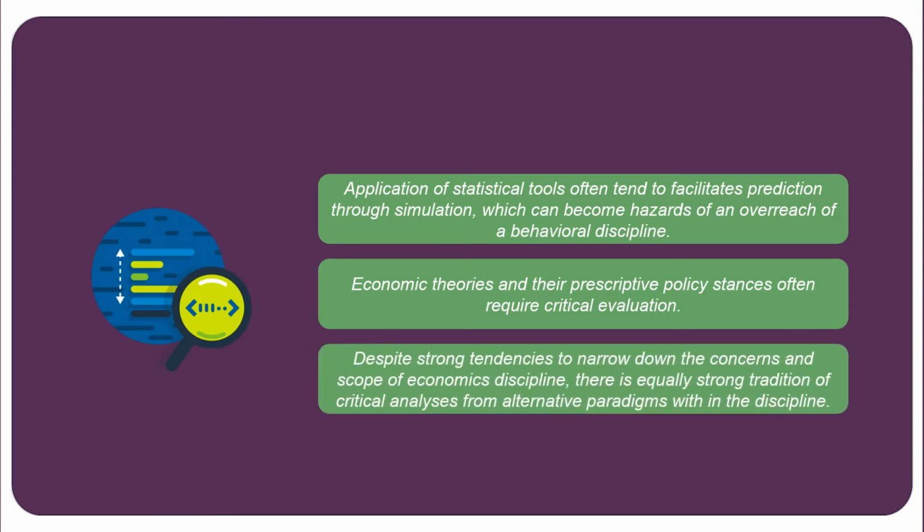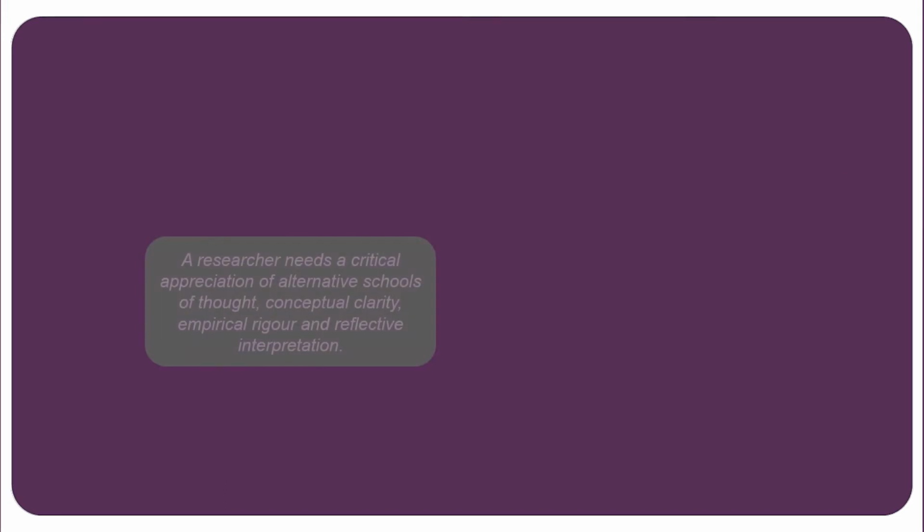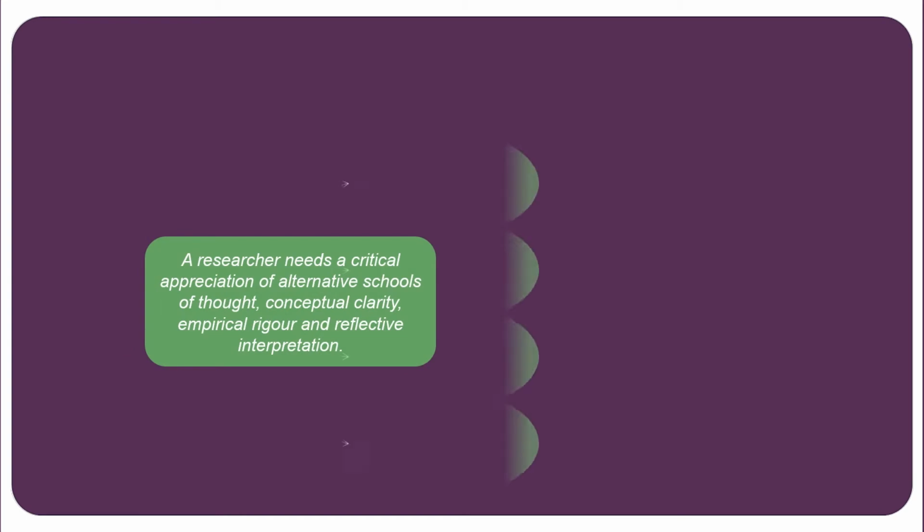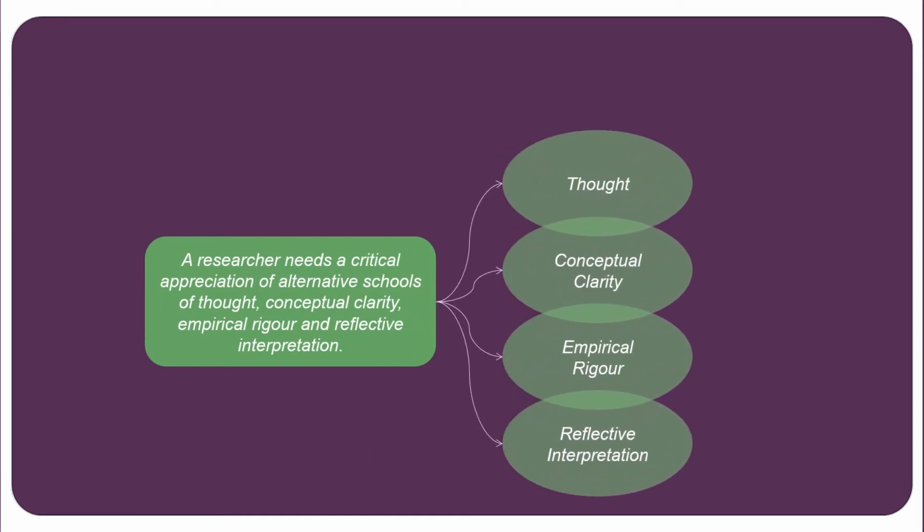Despite strong tendencies to narrow down the concerns and scope of economic disciplines, there is an equally strong tradition of critical analysis from the alternative paradigms within the discipline. A researcher needs to have a critical appreciation of alternative schools of thought, conceptual clarity, empirical rigor, and reflective interpretation.